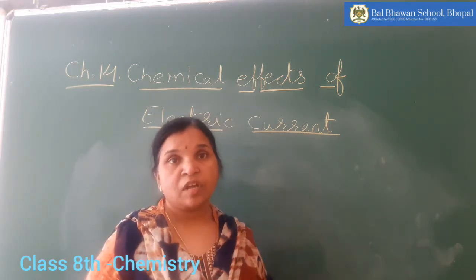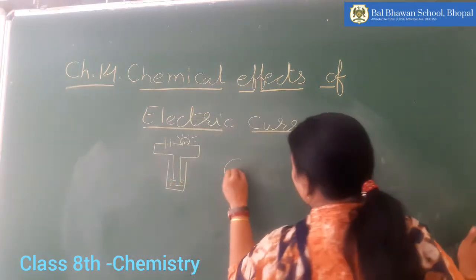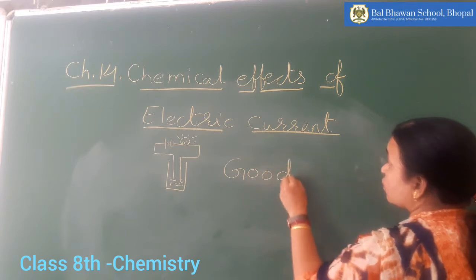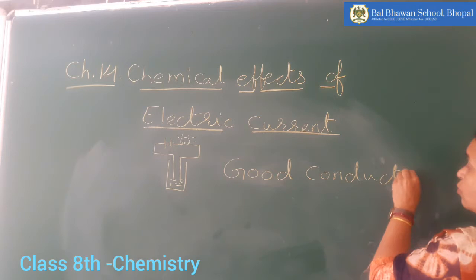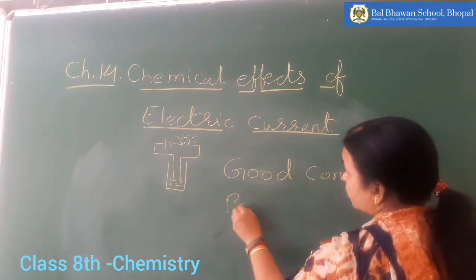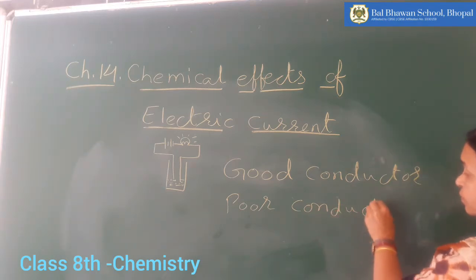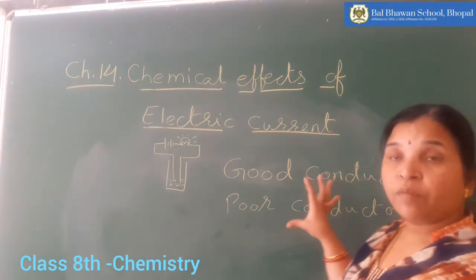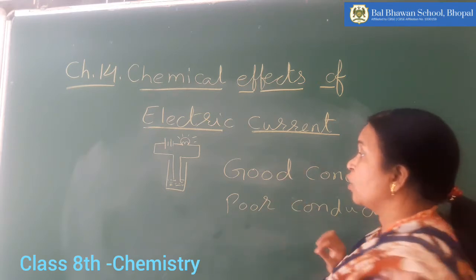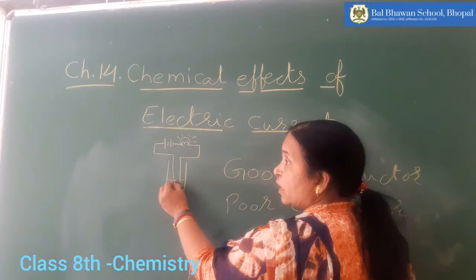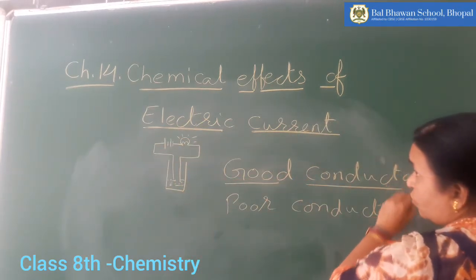But in this chapter we will be discussing good conductors as well as poor conductors of electricity. Now, based on this, the liquid which helps the current to pass through it is considered a good conductor of electricity.